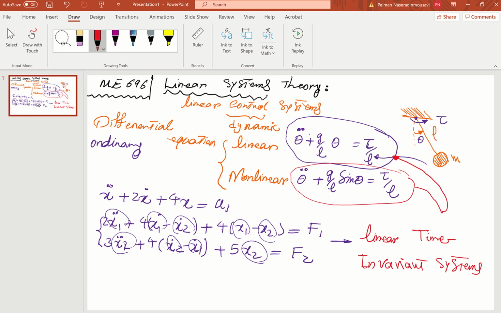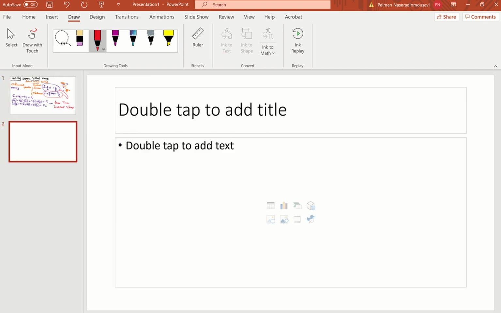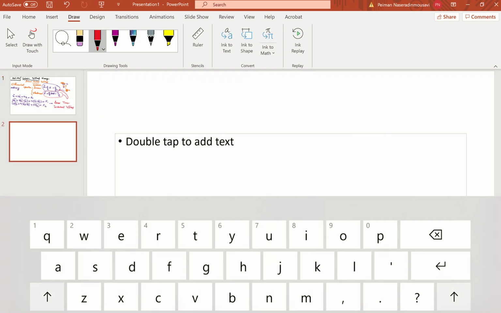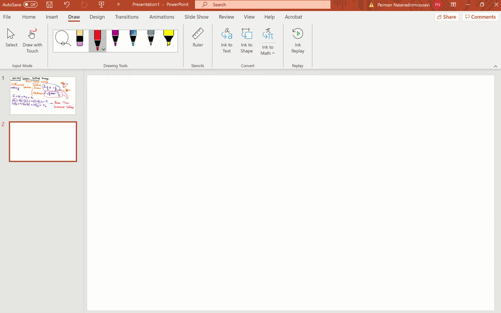So before going deep into the mathematics, let me remind you a few things. First of all, I hope that you know from the previous undergraduate courses, for linearization of, say, x double dot plus sine of x plus x dot, make it simple, plus sine of x cosine of x is equal to 0.